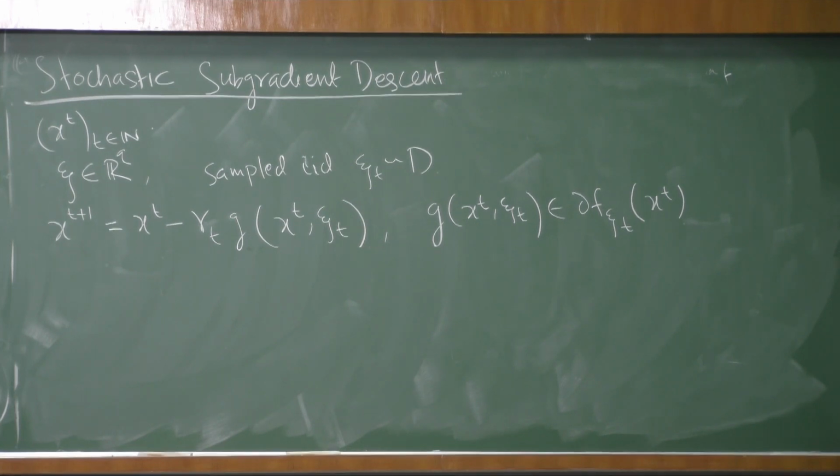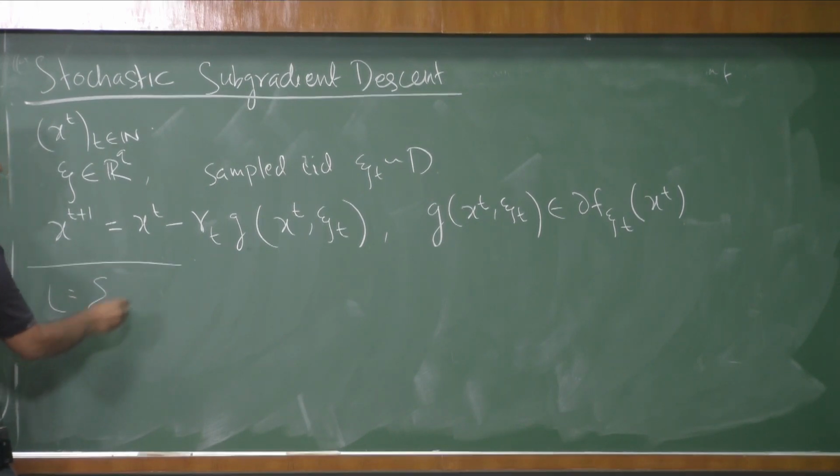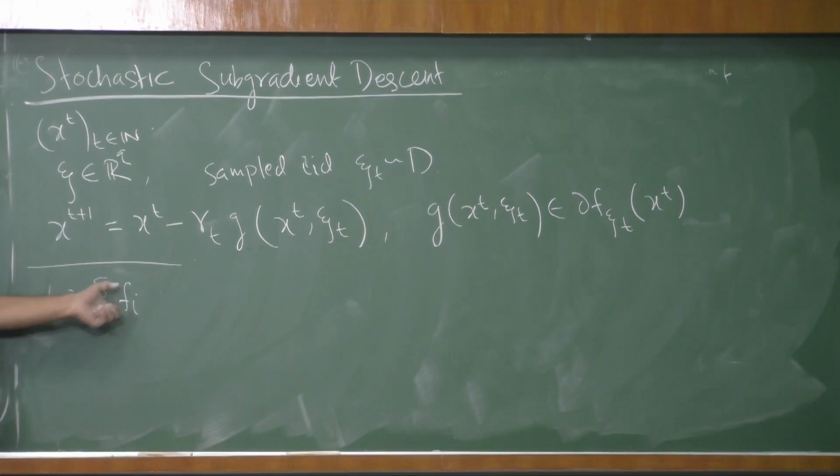Okay, so if I have to interpret this in the machine learning framework, then you have some loss function, let us say our usual f_i. For each sample I am computing some loss, and the first step is stochastic gradient descent.